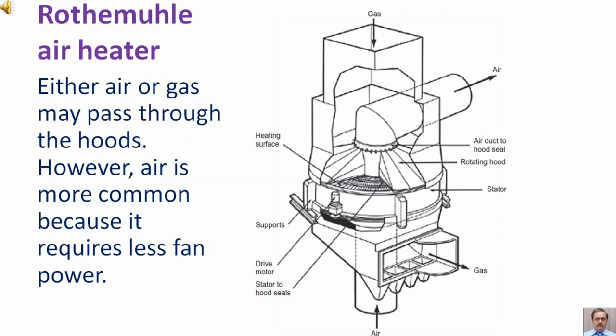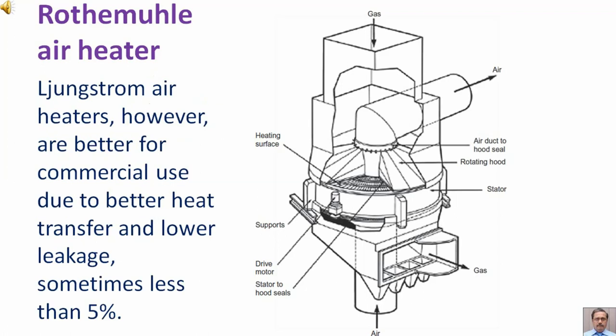However, air is more common because it requires less fan power. Ljungstrom air heaters, however, are better for commercial use due to better heat transfer and lower leakage, sometimes less than 5%.